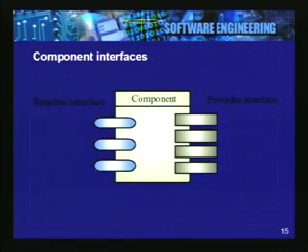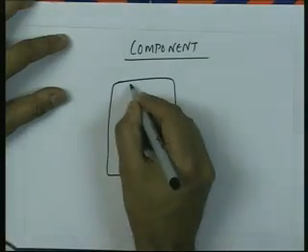Then the interface. The component typically has two interfaces: the interfaces that it requires for it to run, and the interfaces that it provides for somebody to reuse. And we'll take a look at that in this diagrammatic representation. So the component in this case can be considered, let's say this black box is the component.